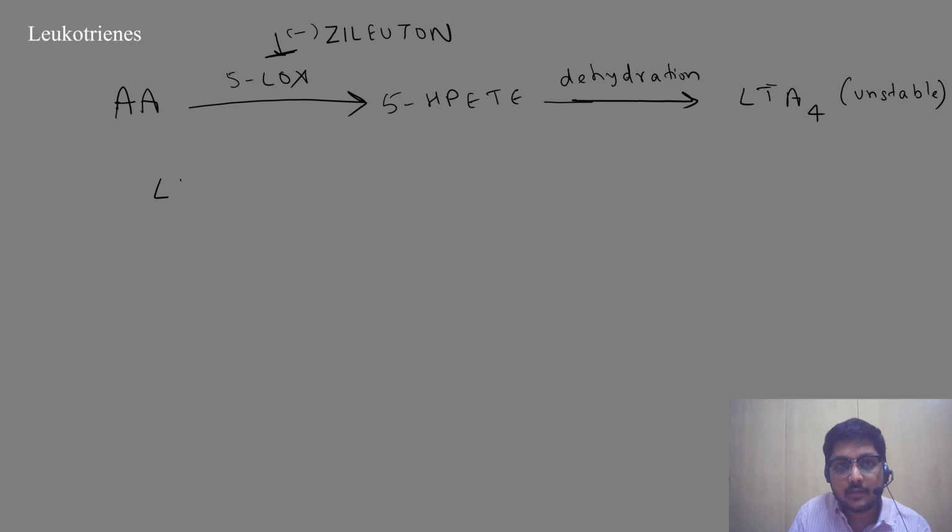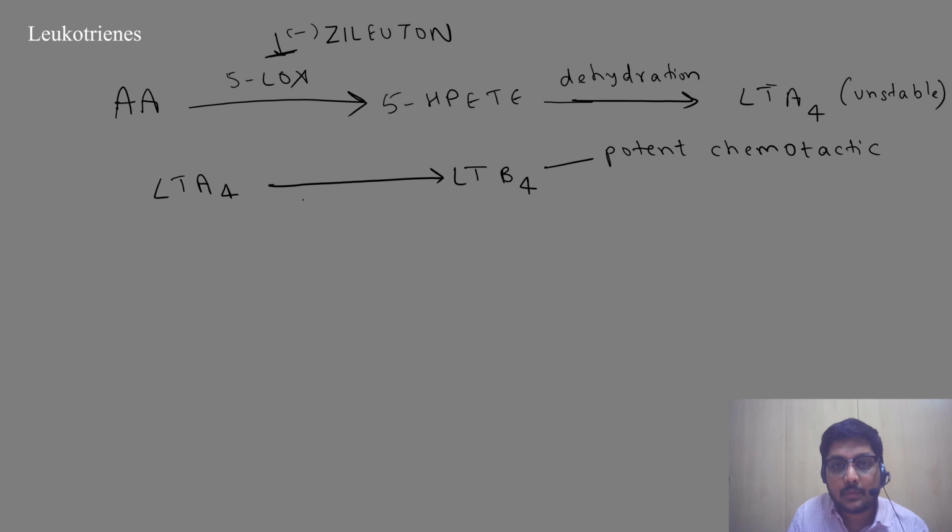This LTA4 can be transformed into LTB4. What is the nature of this LTB4? It is a highly potent chemotactic agent. It is synthesized in WBCs.